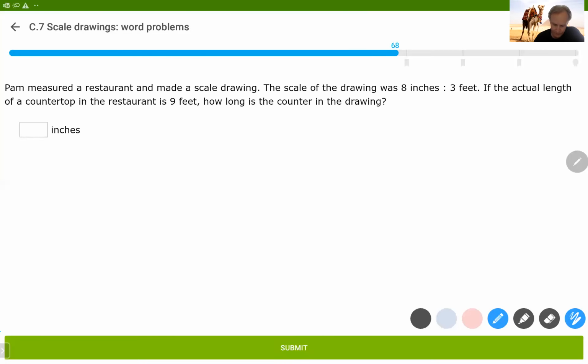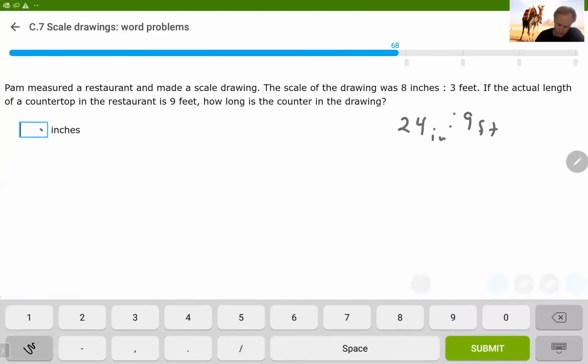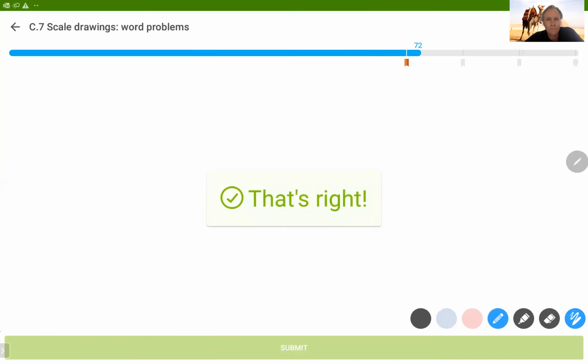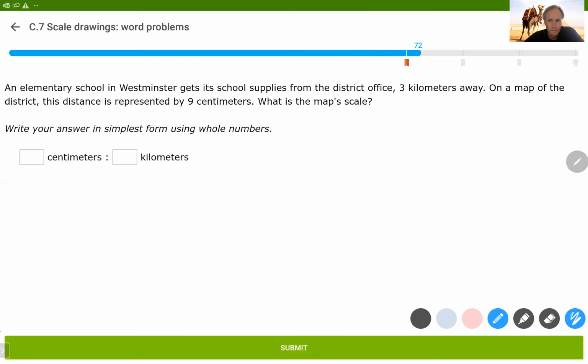8 inches to 3 feet. We want 9 feet. We multiplied by 3 here, so we have to multiply by 3 here. Three kilometers is represented by 9 centimeters, and we want to reduce it.